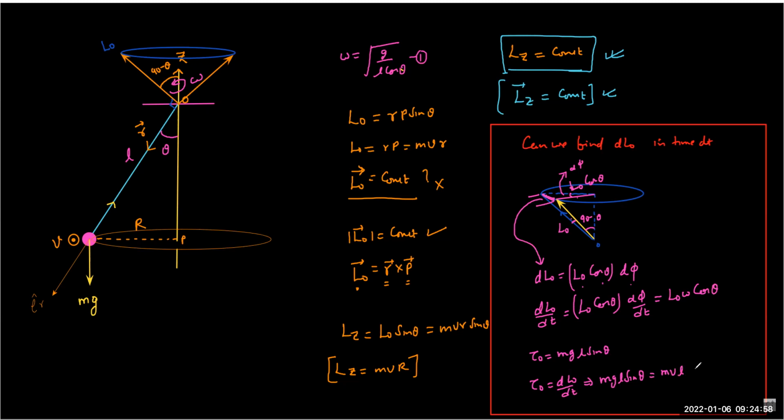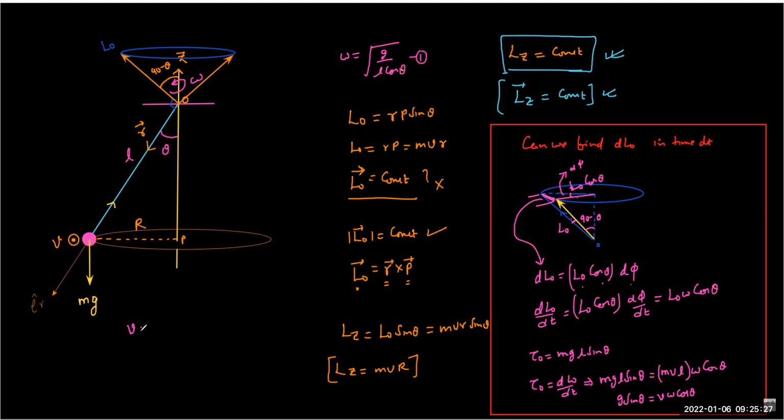Because r is L sin theta. So we can cancel m and L, and what we are left with is g sin theta equals v omega cos theta.